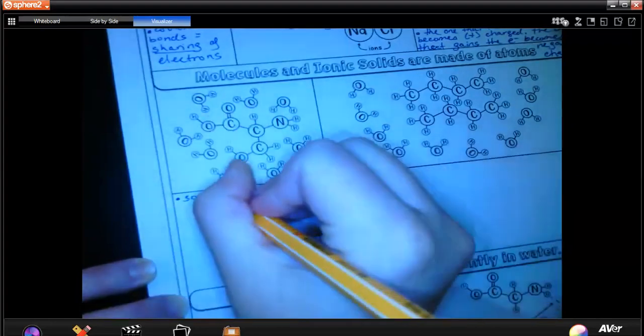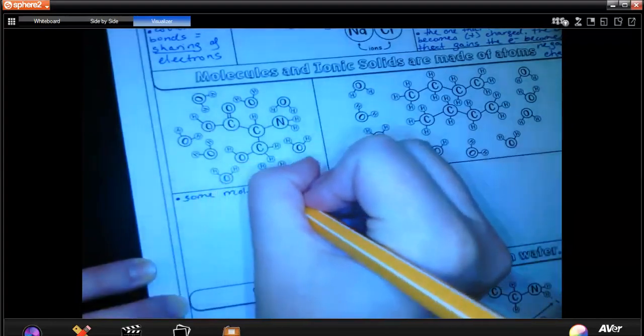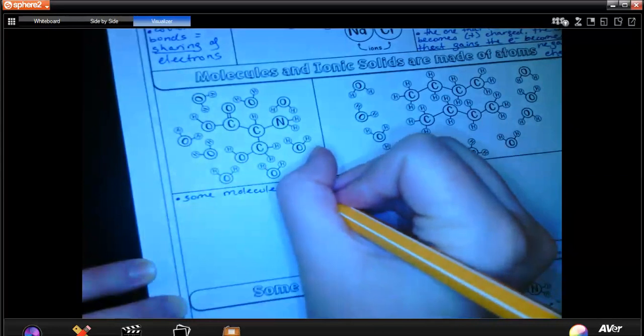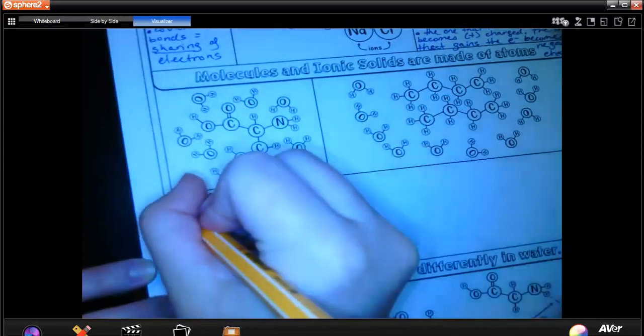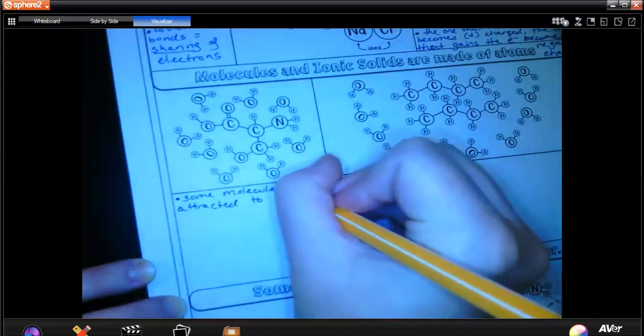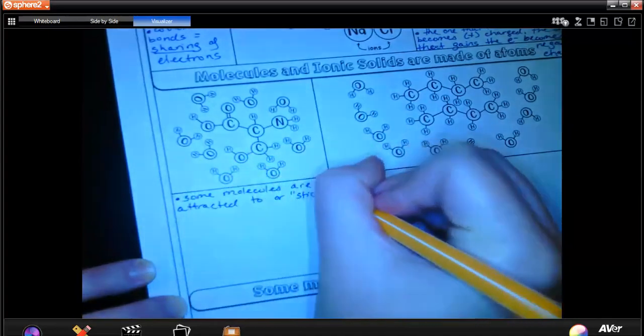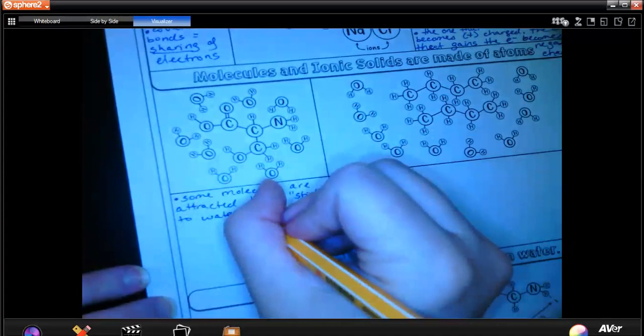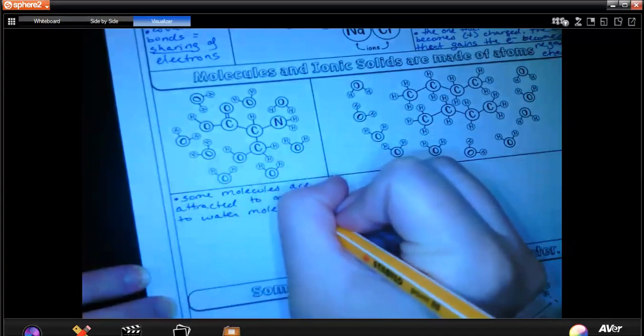Okay, so some molecules are attracted to or stick to water. These are things that easily dissolve in water, like salts and sugar.